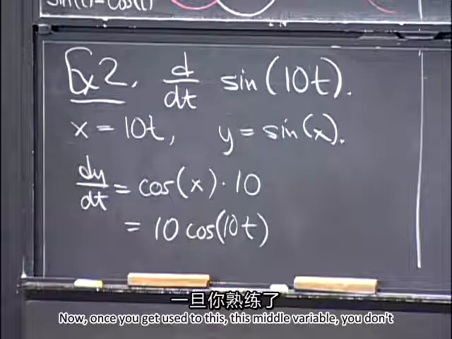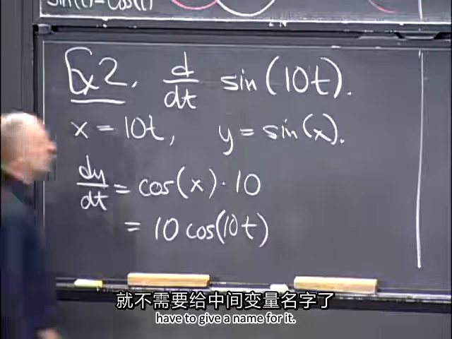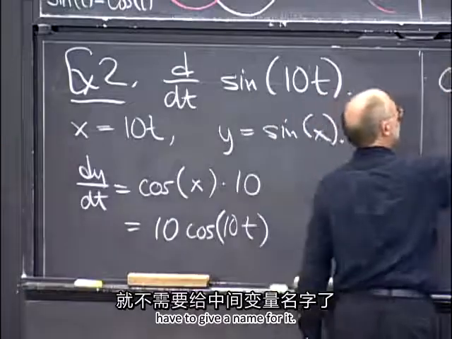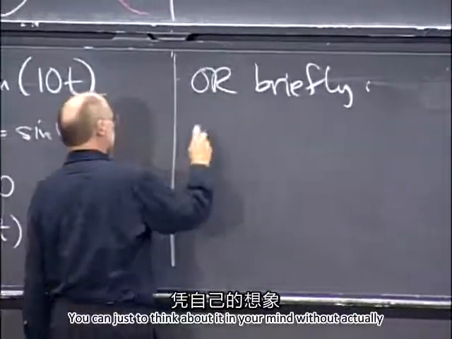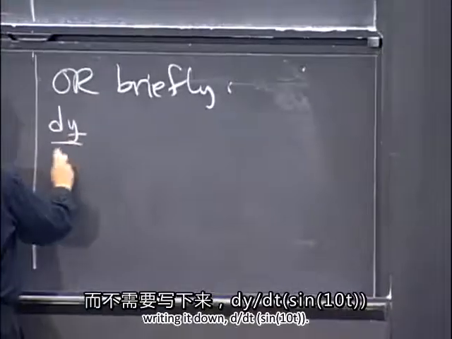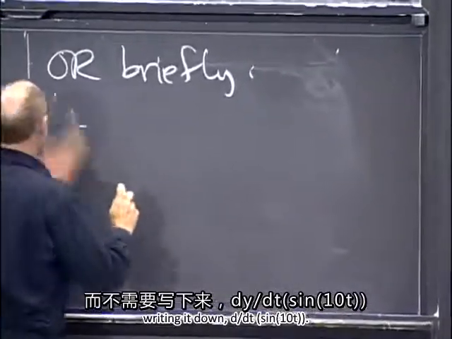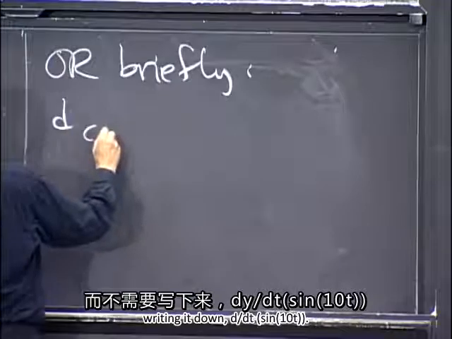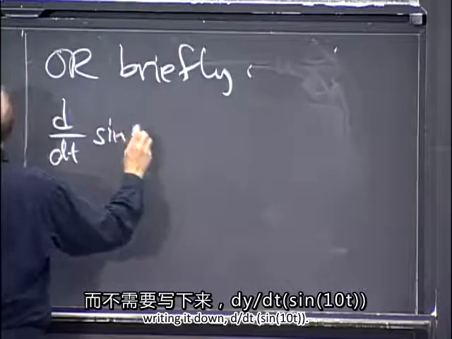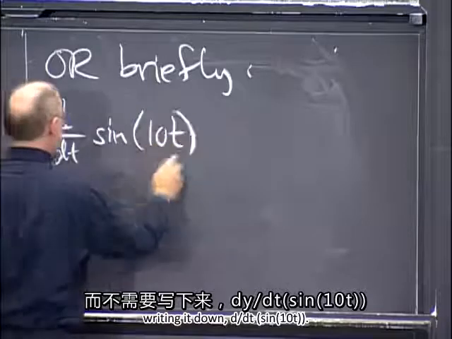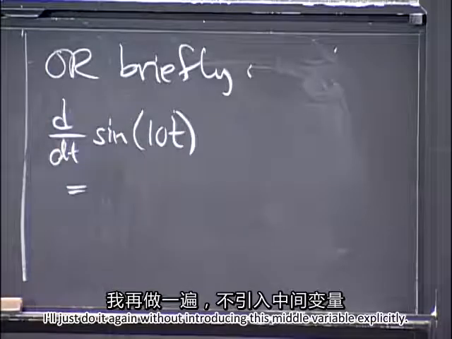Now, once you get used to this middle variable, you don't have to give a name for it. You can just think about it in your mind without actually writing it down. I'll just do it again for the derivative of sine of 10t without introducing this middle variable explicitly.